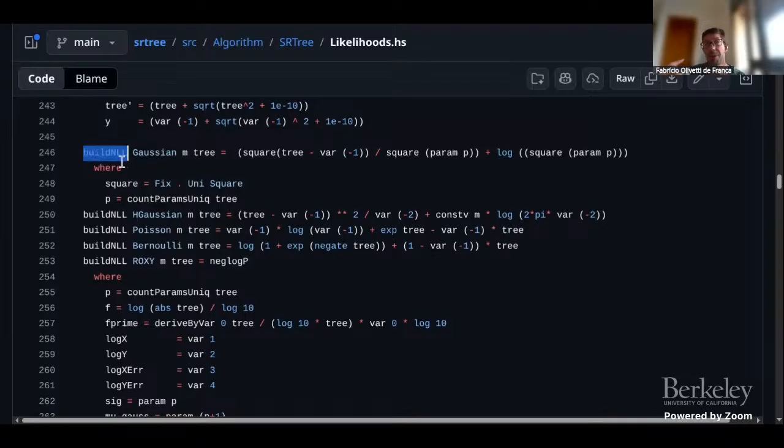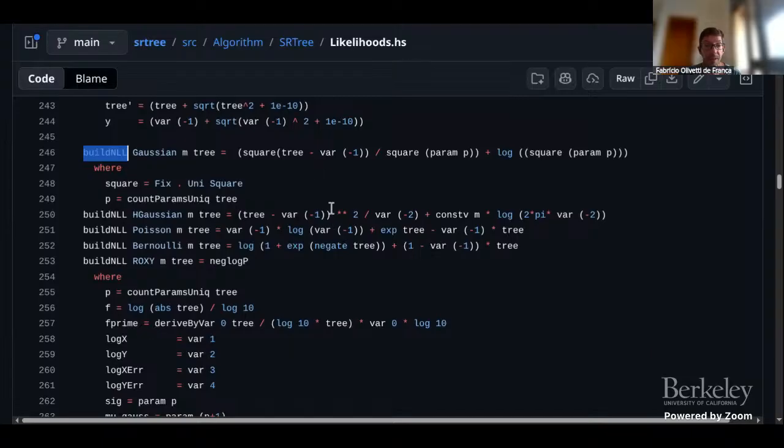It's actually building an e-graph that takes the current expression and envelops it into a new expression that contains the calculation of the likelihood. So the result of this is the e-graph in which the root is the likelihood function with the model that I'm investigating. So this is one step.